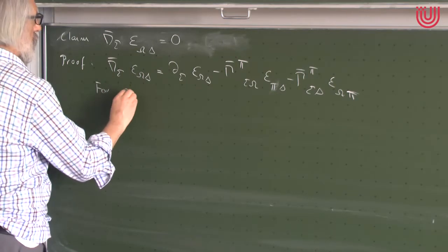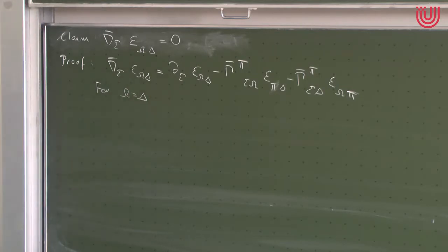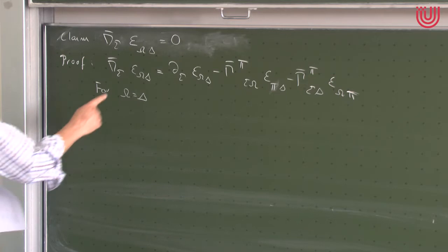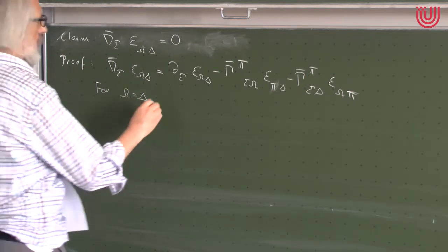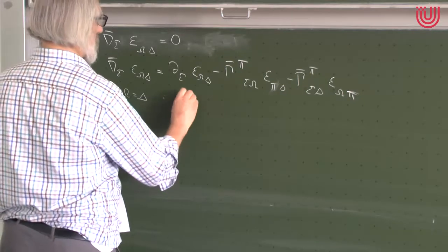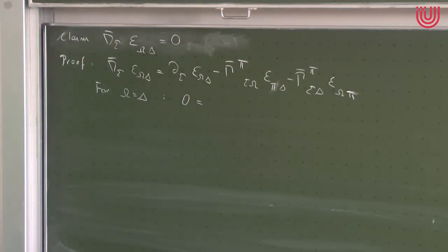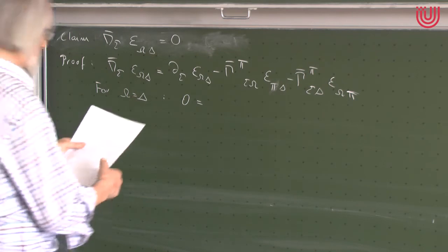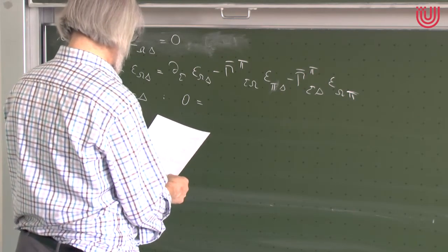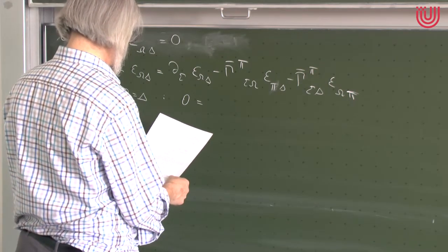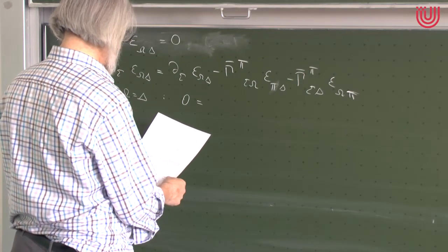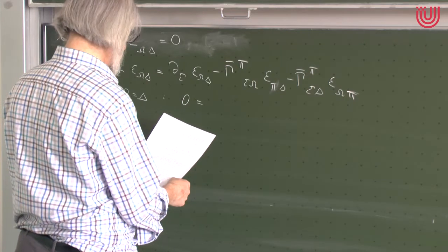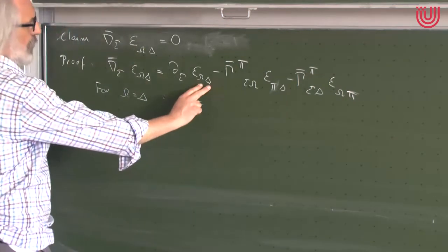For omega equal to delta, well, then this is 0, of course, because this is antisymmetric. Yes, this is antisymmetric, right?